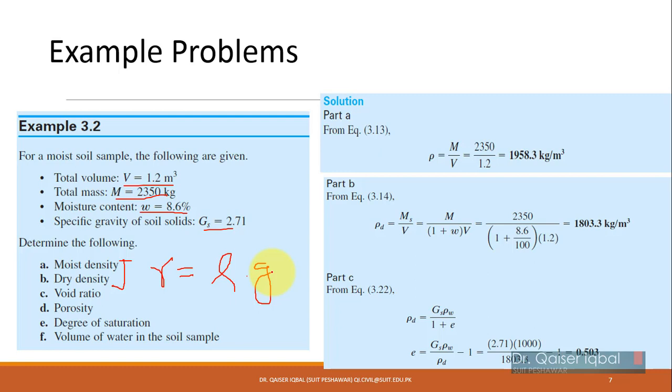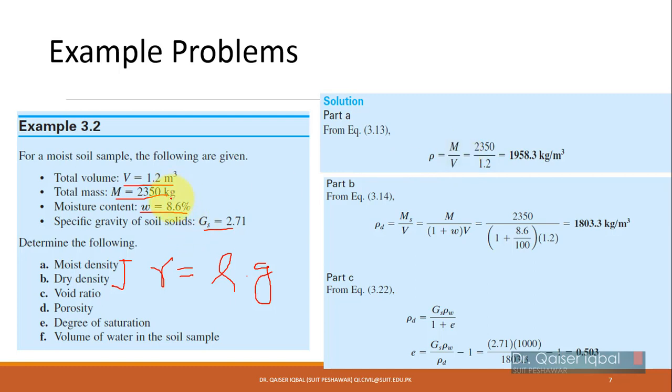Now let's start the solution, because obviously we require density. Over here the density is basically equal to mass per unit volume, and the mass should be in kgs if you are determining the density. If you are determining the unit weight, then the weight should be in kilonewtons. So always remember that.